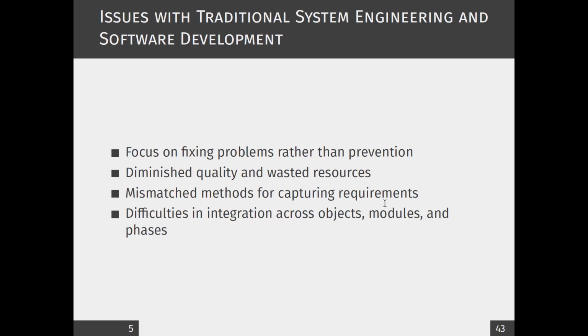The problem in traditional software development is that there will be a mismatch when you capture the requirements. Remember, in the early stage of software development, we capture the requirements.